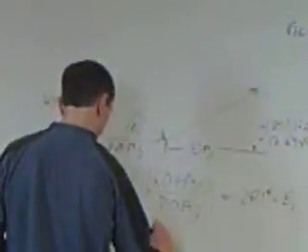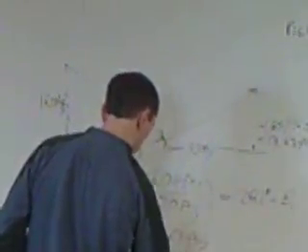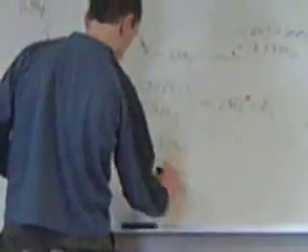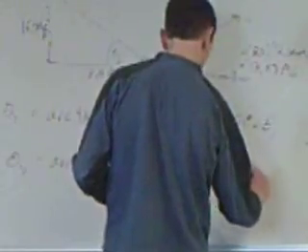So theta 1 equals that, and theta 2 is going to equal the arctangent of this, 13.63 feet per second over the 30 feet per second, which equals 24.4 degrees.